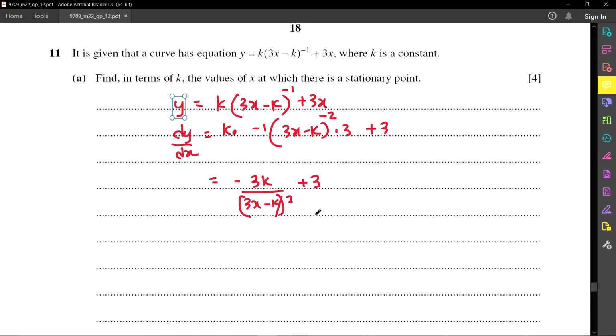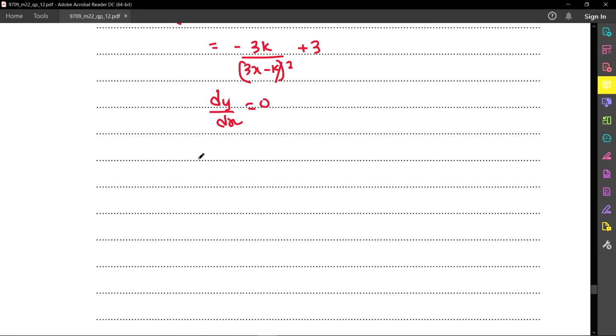Now we have to equate this to 0. So dy by dx is 0: minus 3k divided by (3x minus k) whole squared, plus 3 equals 0.